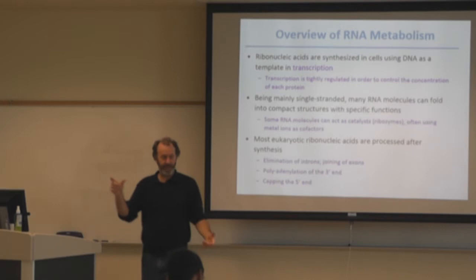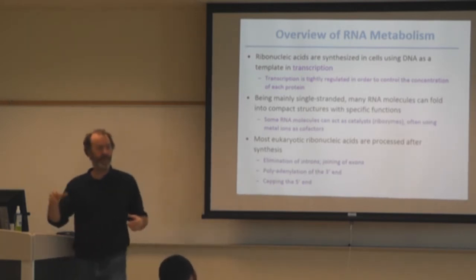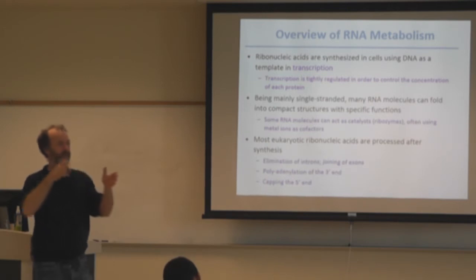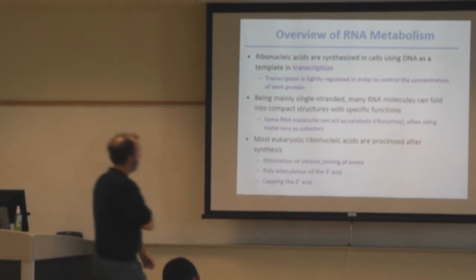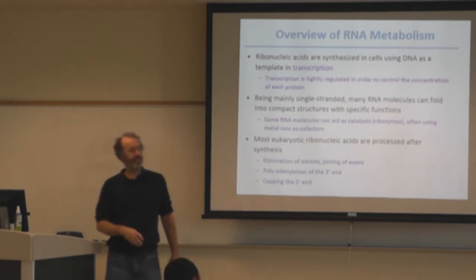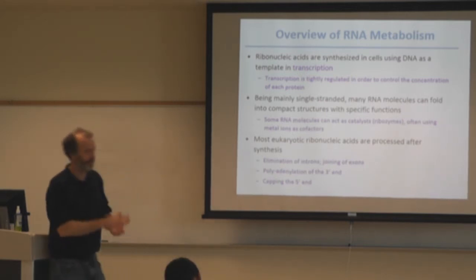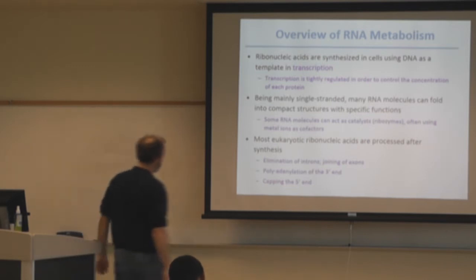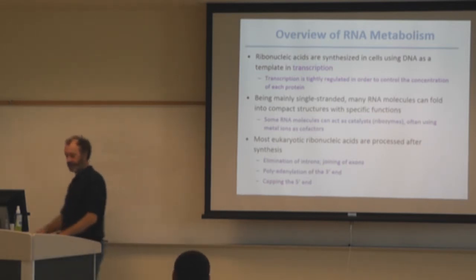They think that kind of regulates the half-life, how long that message is going to be out in the cell, depending on how long that poly-A tail is. We also cap the 5' end, and that's going to have functions with how it interacts with the ribosomal complex when you're producing those proteins. You'll see that in the next chapter.